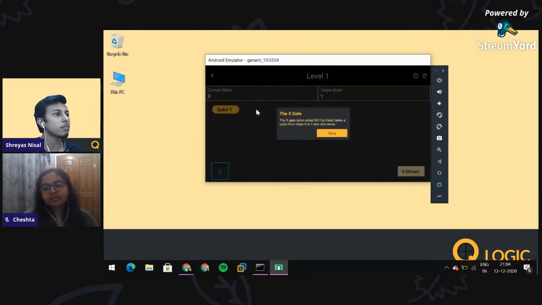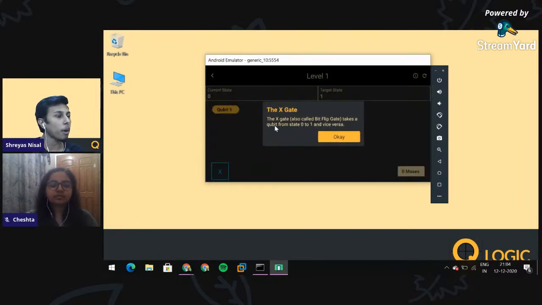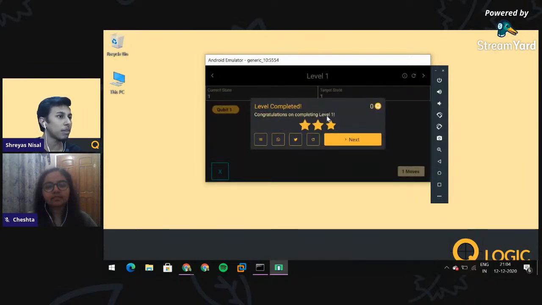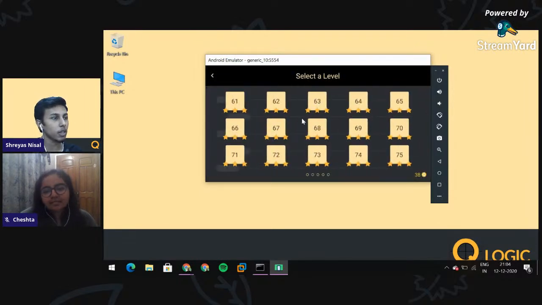When you go into level 1, it gives you a pop-up which tells you about the X gate or the bit flip gate, because that was the one we thought would be the simplest. It's a very simple instruction on how the X gate works, and I can hit OK, and I just take this gate and place it right here. That completes the level for me. So I get 3 stars because I solved it in a single gate itself. So this is what it looks like.